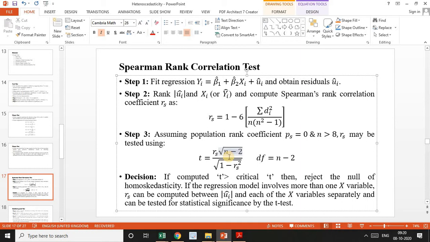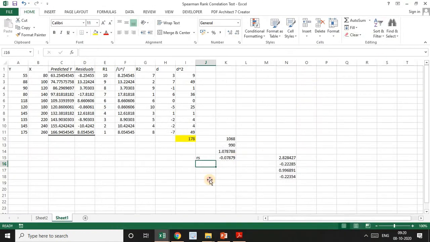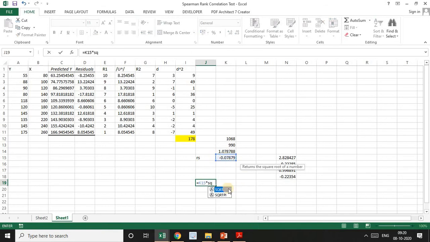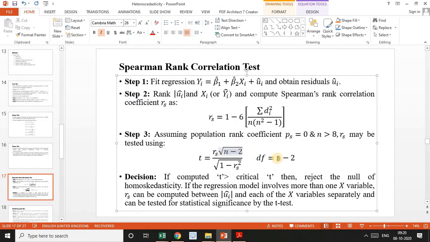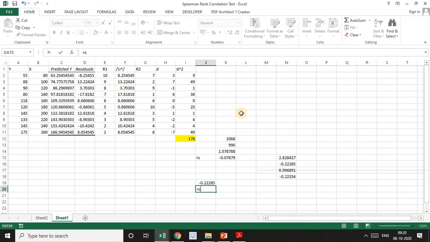It is rs into square root of n minus 2. n minus 2 is 8. So rs into square root of 8 gives minus 0.2285, divided by square root of 1 minus rs square.